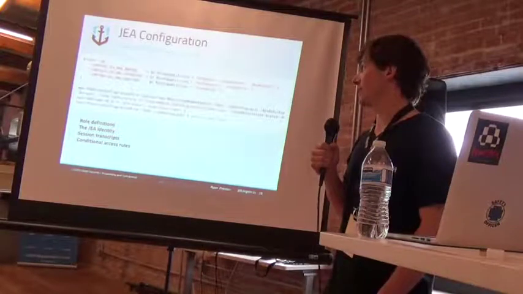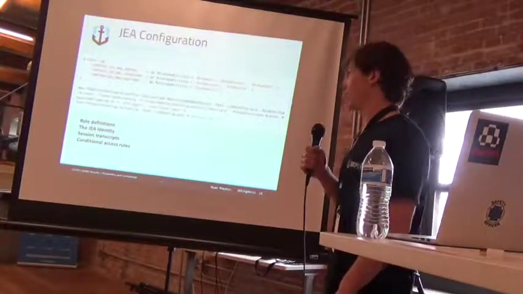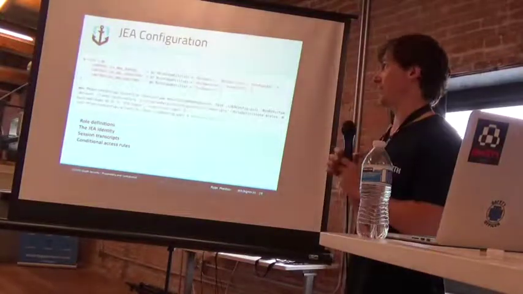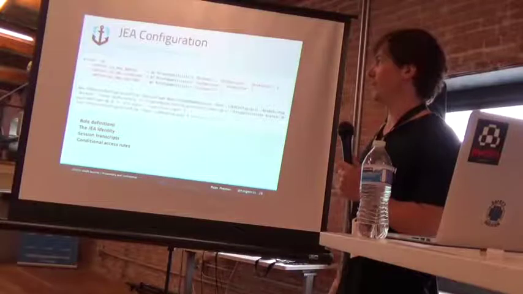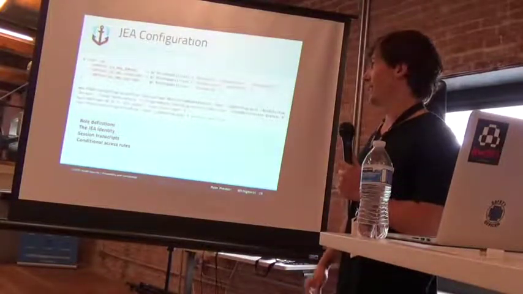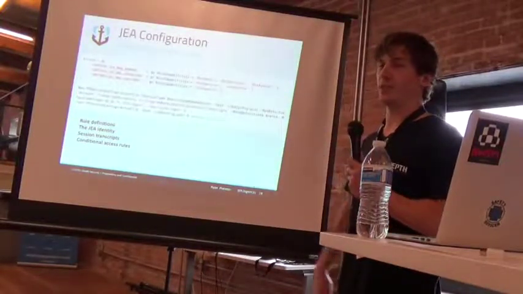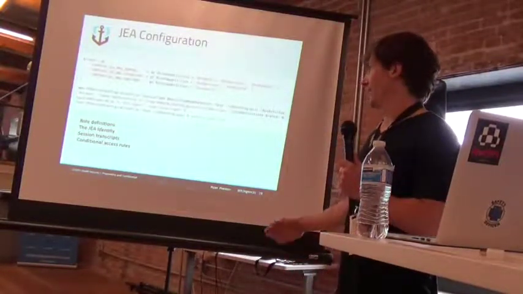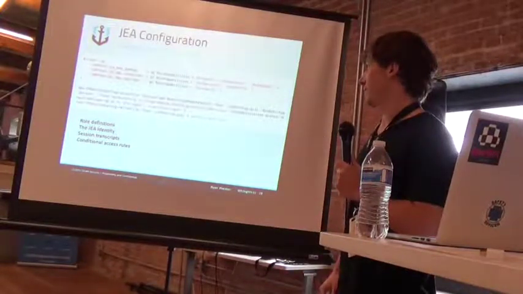This is showing just setting up the actual session configuration. You're going to set your roles up based on groups in your domain. For this slide, we've got the Contoso domain with the JEA DNS admins. They get 3 different role capabilities that they can use if they're going to administer a box. Then we set up the Just Enough Administration file.